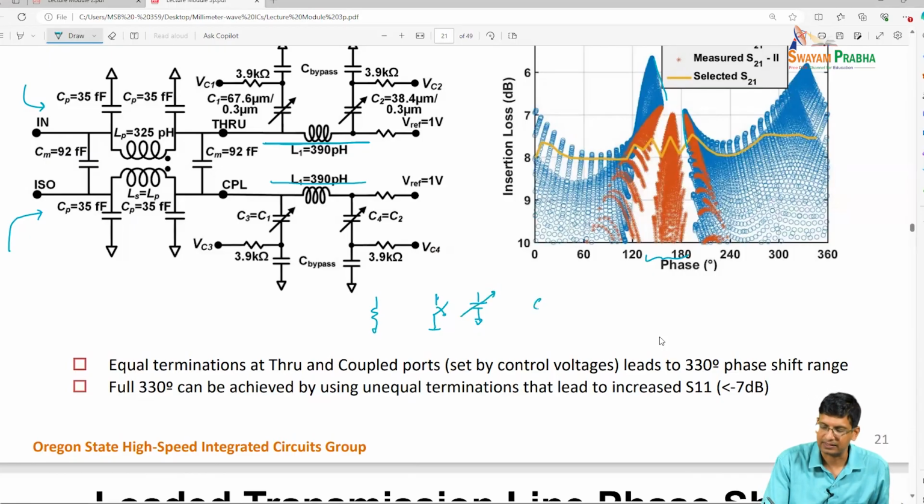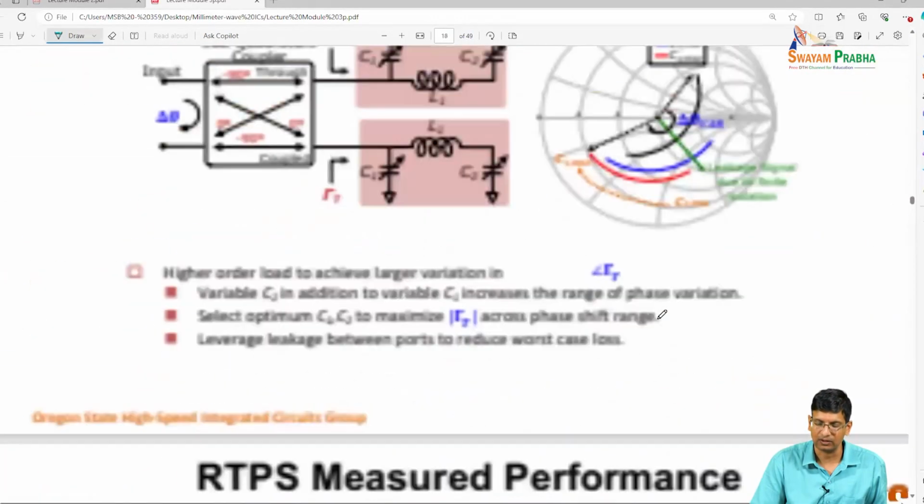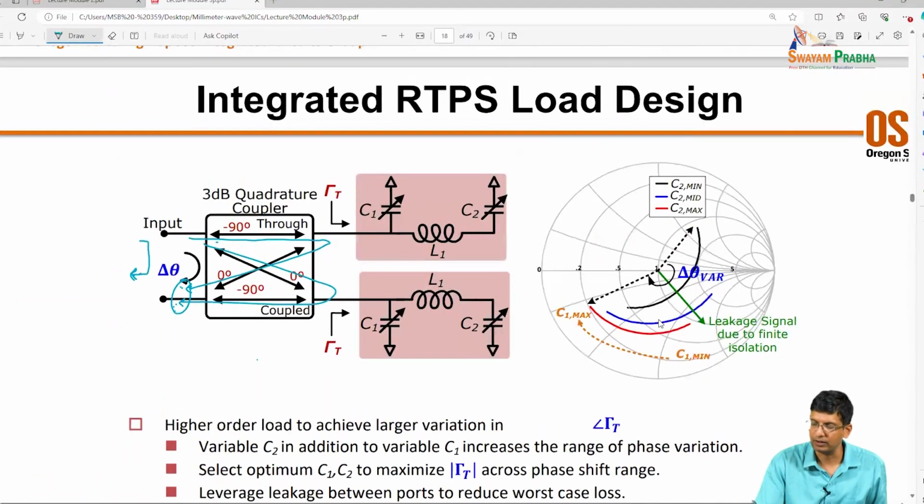But these capacitors have a Cmin to Cmax. So then your open doesn't look like an open. Your open looks like 1 over omega C1 min. That's your open. You can increase and try to get closer to a short because this is 1 over omega C1 max.